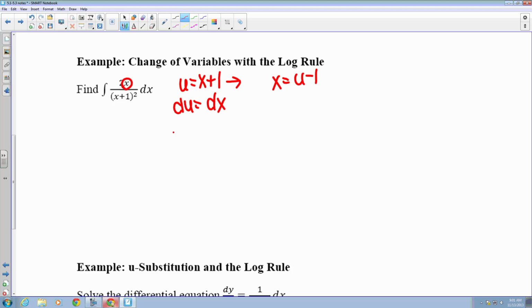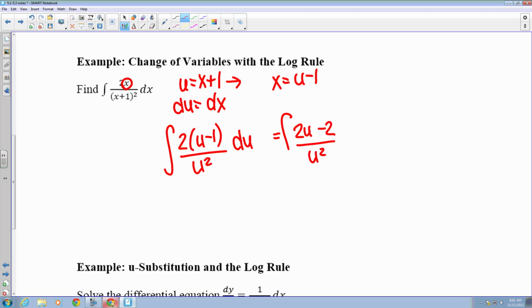So when we plug this back in, that's 2 times u minus 1 all over u squared, 2u minus 2 over u squared, equals 2 over u minus 2 over u squared du.